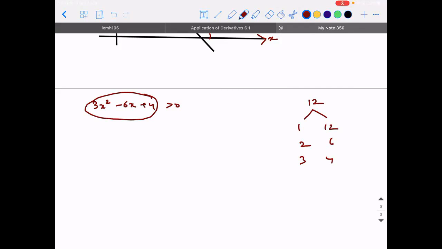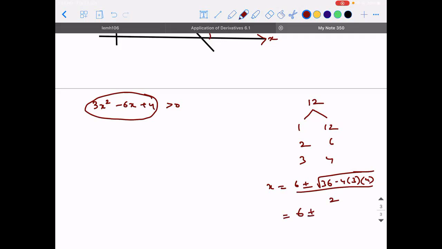So had it been equal to 0, then how will you write? X equal to minus b plus or minus root of b square minus 4ac. So 36 minus 4 into 3 into 4 divided by 2.